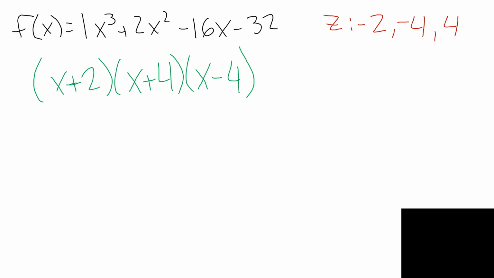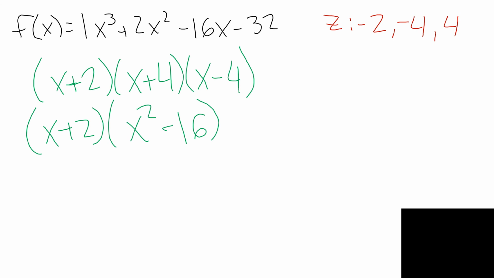Well, I know when I have x plus or minus something, this is going to be x plus 2, and then this will give me x squared minus 16. And now I can FOIL out. I'll get x cubed minus 16x plus 2x squared minus 32, which is what I had.